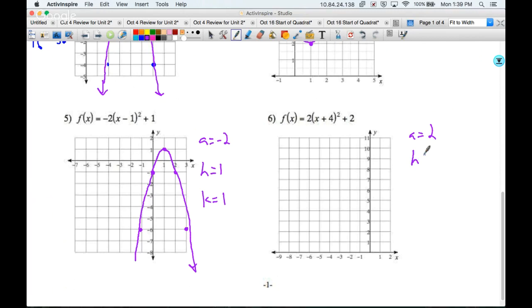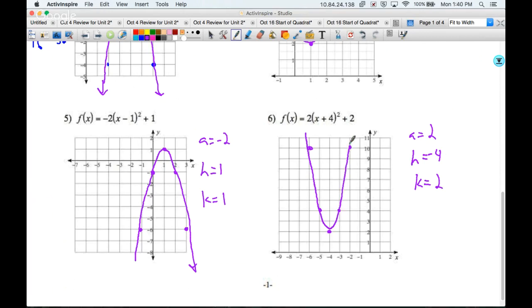The vertex is (-4, 2). Put a point at our vertex. Our first point is 2 up, but then it goes up 8. So you might notice there's not many options for what it goes up by.